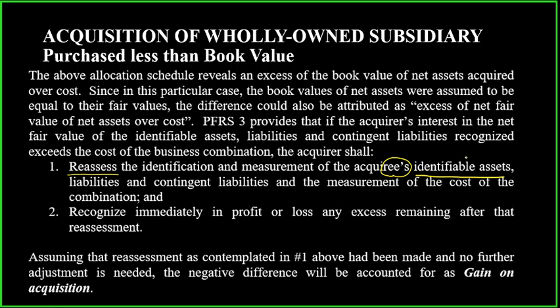Make sure that they are properly valued at fair market value. Now, if they are properly valued at their fair market value, you can immediately record the difference as part of your profit and loss. In this case, this is your gain or loss on acquisition. Okay, gain on acquisition.